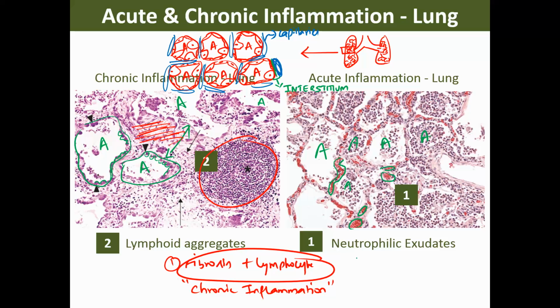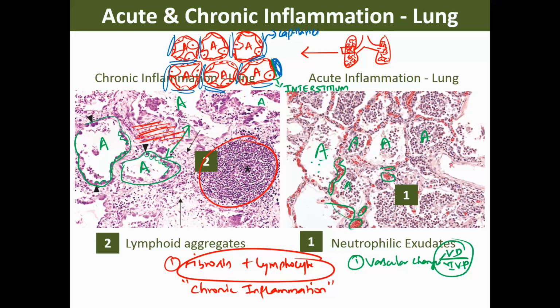What is the first step in acute inflammation? Vascular changes. What are the vascular changes? Vasodilation and increased vascular permeability. Vasodilation leads to congestion, that is the orange color appearance, full of blood, and when the blood comes, the fluid escapes.